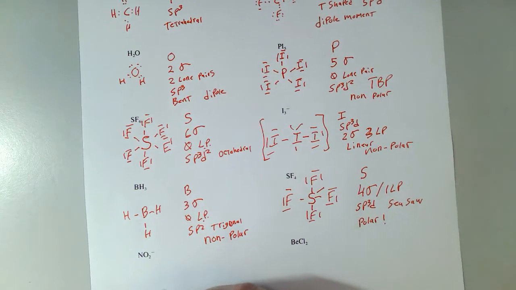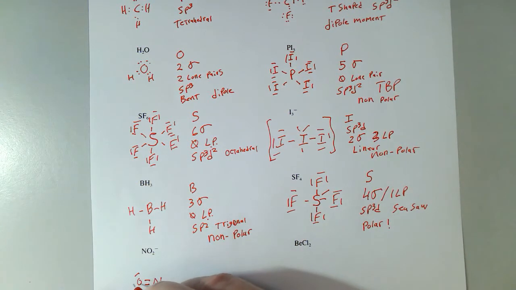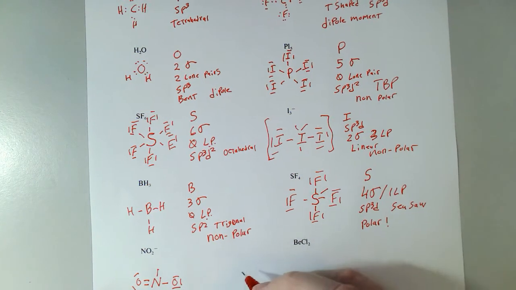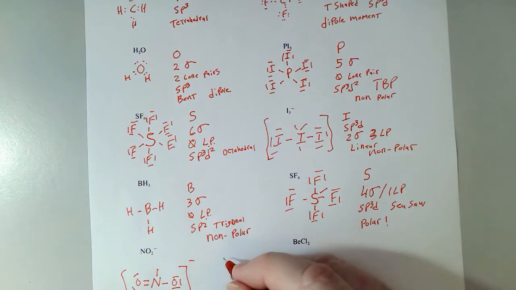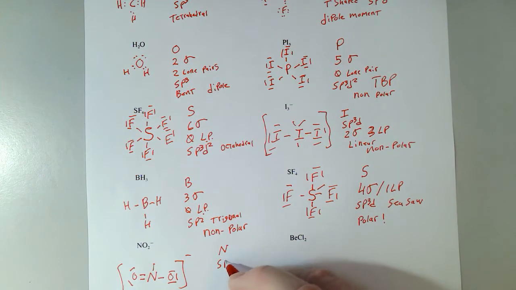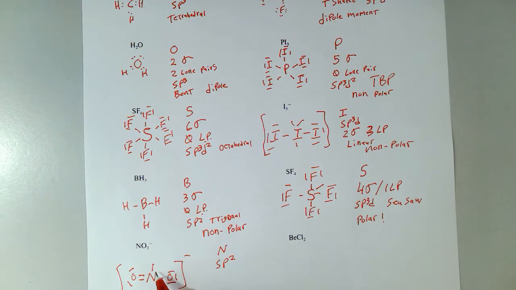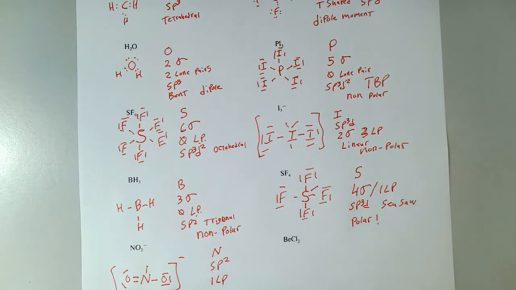Now NO2 minus, double bond to an O, lone pair. Okay. Typically we'd put brackets around it, O minus sign. So nitrogen there is in the middle. It's sp2, 3 electron domains. That one, and the lone pair. Okay, it's got 1 lone pair. Right?